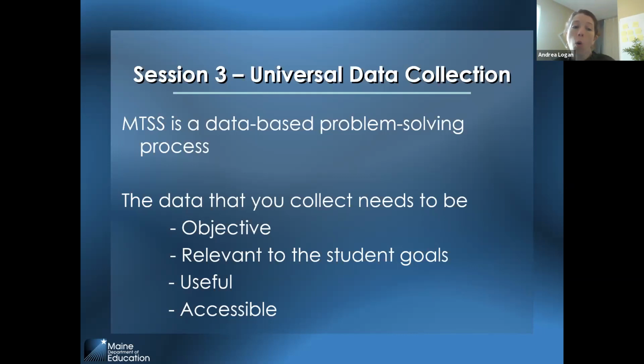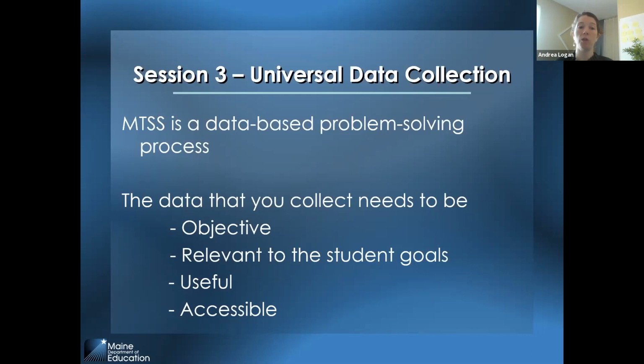So as a whole, at its impetus, MTSS is a data-based problem-solving process. When you take the layered systems of support and you layer on the problem-solving process, you then have to layer on the data-based decision-making that drives that problem-solving process. So we are building from the ground up.